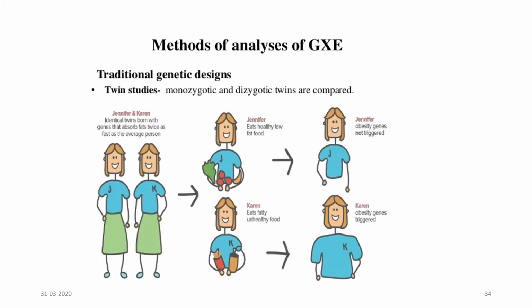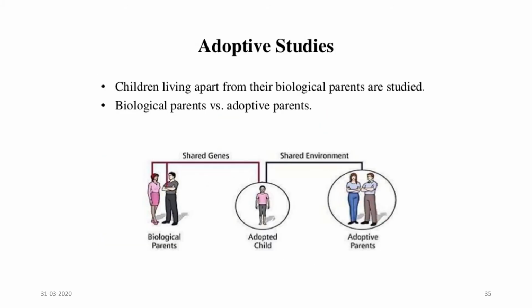If they are given two different environments, one given healthy food, the other junk food, then the obesity genes are triggered in the person who is eating unhealthy food. Then we can compare both twins and say, okay, this is a completely environmental effect, and understand the effect of the environment on genetics.